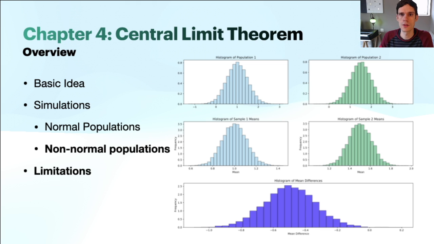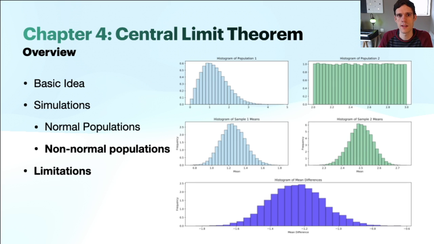Now we ended on a note that these sample statistics distributions are normally distributed only because the underlying populations are also normally distributed. But this touches on one of the most powerful aspects of the central limit theorem, namely that it extends beyond populations that are normally distributed.